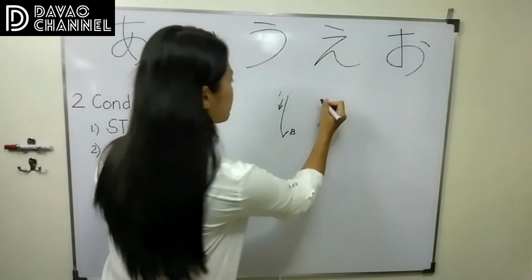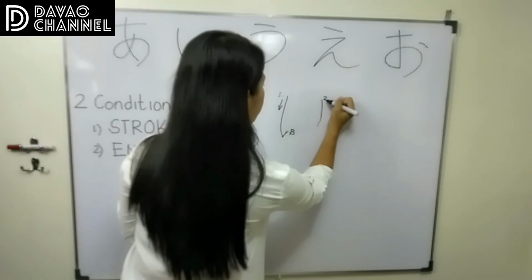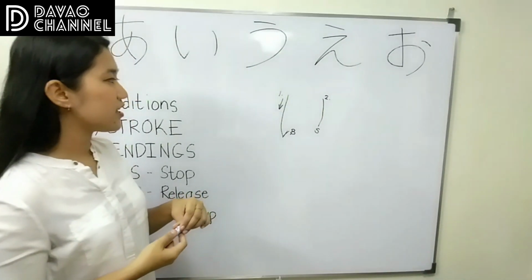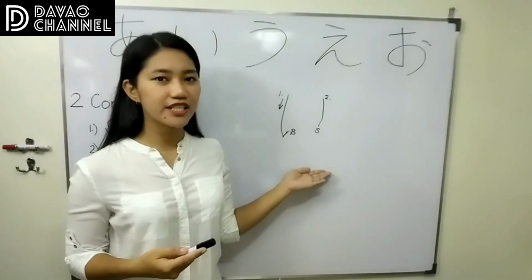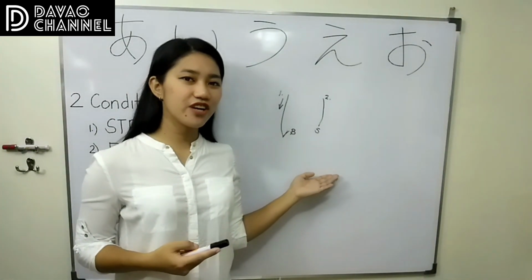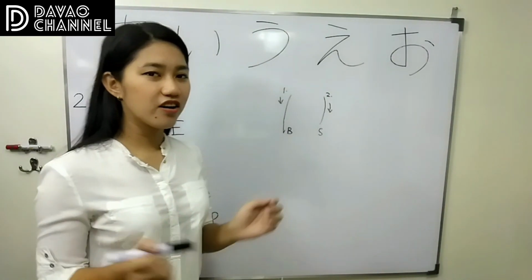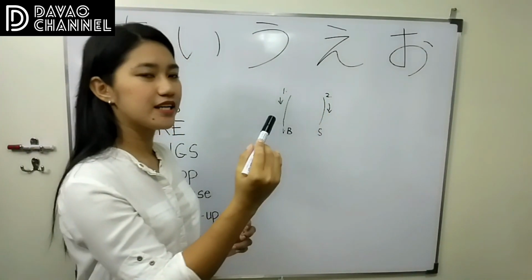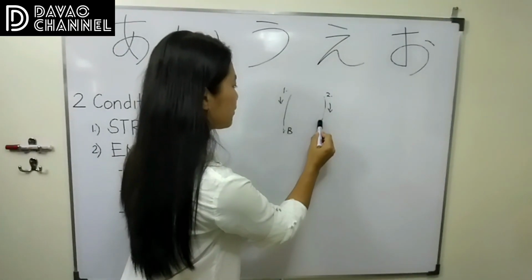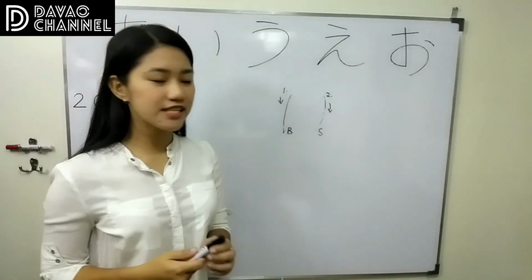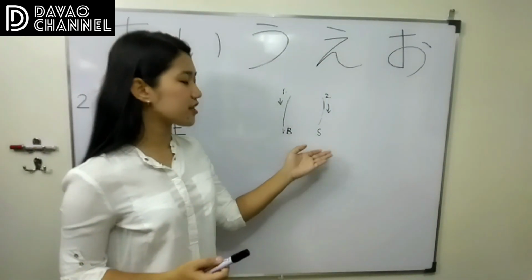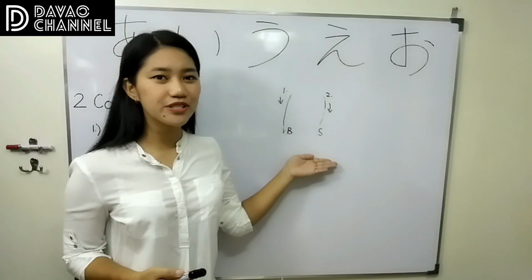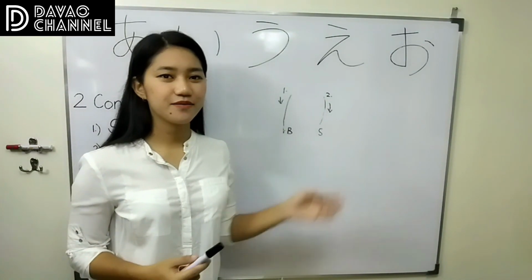And our second stroke from here and stop in here. That's how we are going to write our letter I. Okay, do you get it? First stroke, then brush up, and second stroke. As you have noticed, the first stroke and the second stroke are slightly curved. That's how we are going to write our letter I.